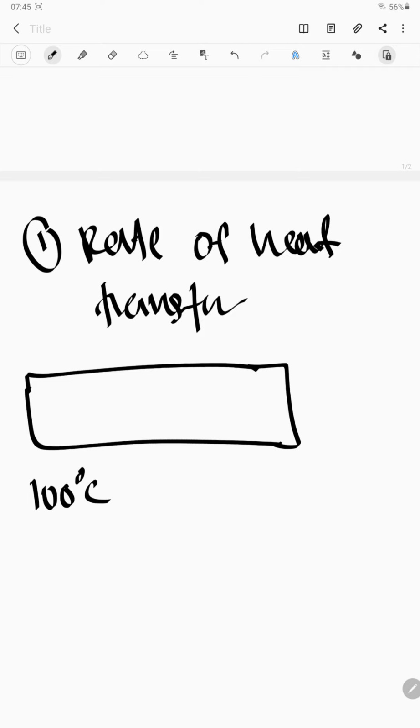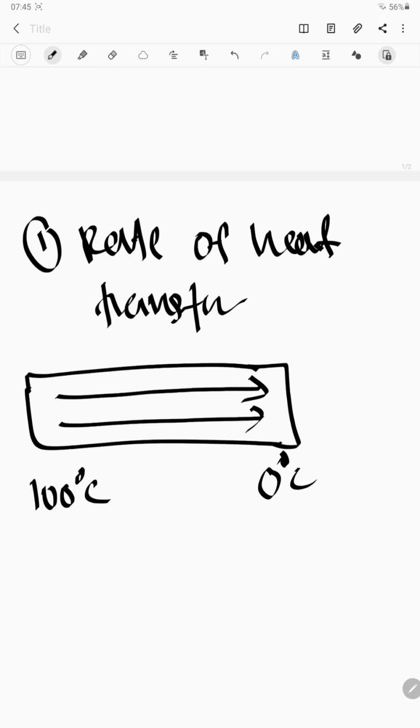So heat transfer will be from the 100 degrees Celsius to the lower temperature, for the example, 0 degree Celsius. And then the metal conducts the heat much faster compared to the insulator.